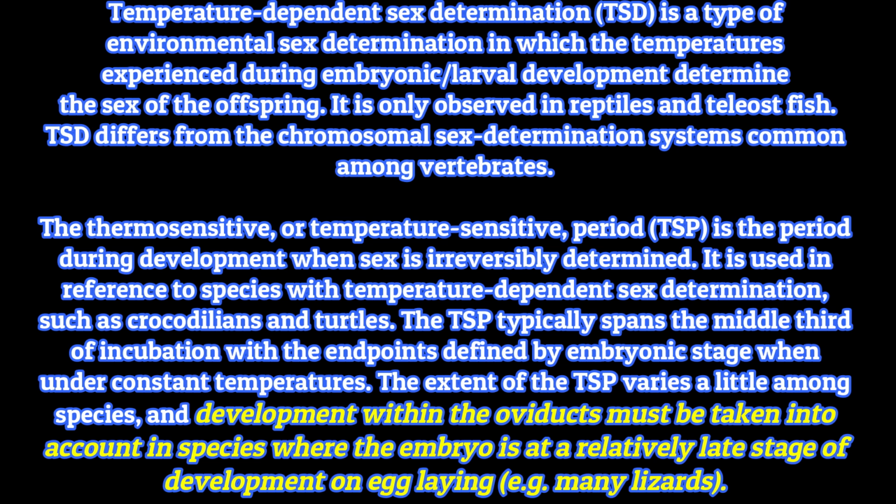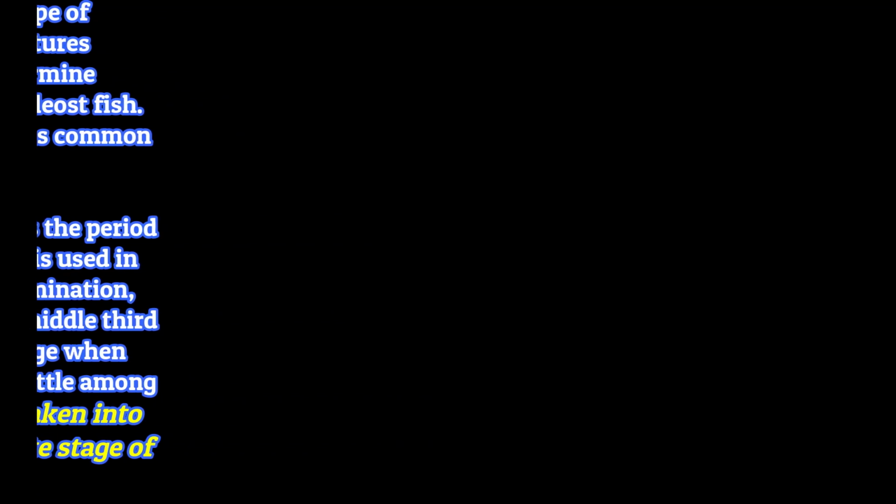And I've highlighted in yellow at the bottom that development of the embryo includes the time it spends in the oviduct before the eggs are laid. And in this case, for our ball pythons, that is 50 days plus inside the female after ovulation, but before the eggs are actually laid.